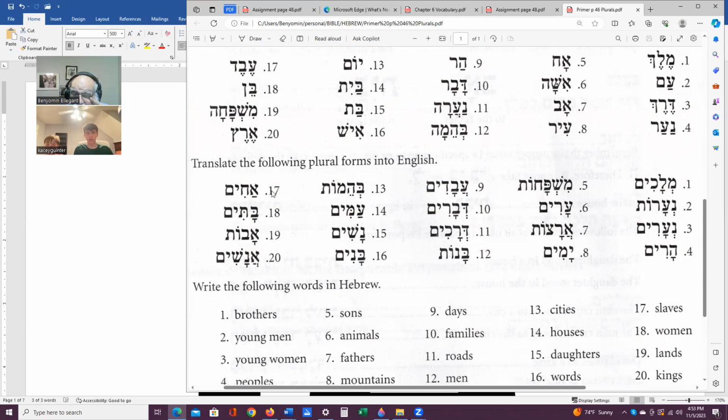It's strange, but that's the way it is. And what's this one, Caleb? Anashim, men. Right. So we see nashim preceded by the aleph, that makes it masculine. Anashim, nashim. Men, women.